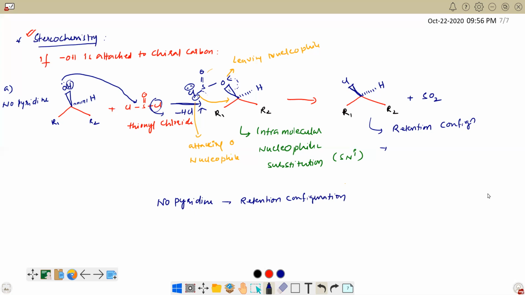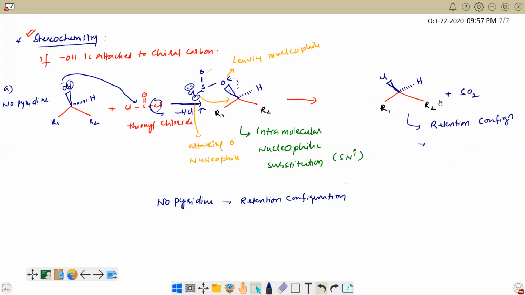Yes, sir. You copied fast. Sir, retention configuration, so we can say it will always follow the SNI mechanism. Exactly. Done, sir. So now write down presence of pyridine.